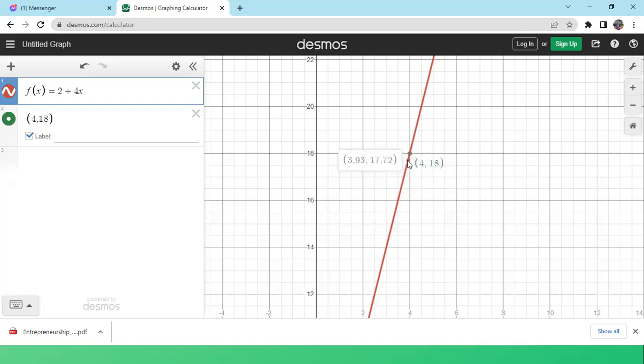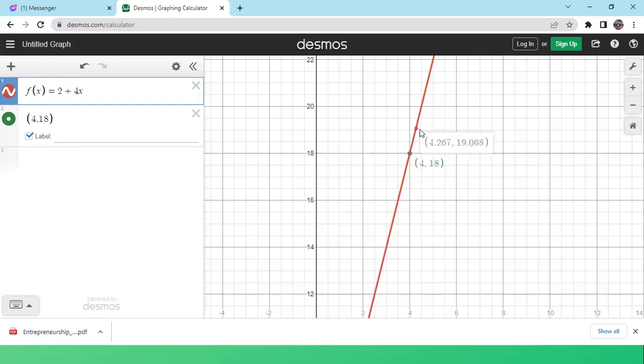Ayan. From the left, dahil mas maliit yung value ni 4, okay, pansinin nyo rin yung value ni y. It also gets closer and closer to the value of 18. Okay? So, and from the right naman, values greater than 4, as x, yung x coordinate, x approaches 4.